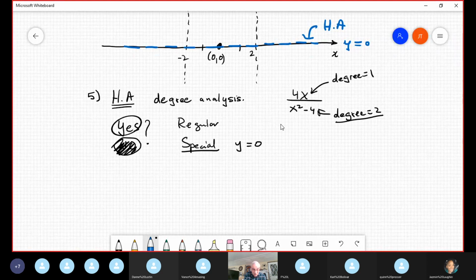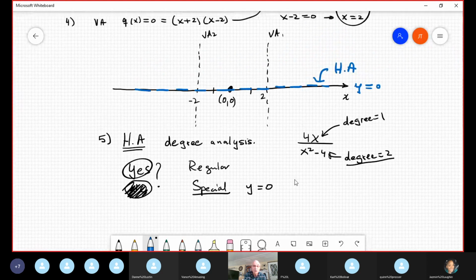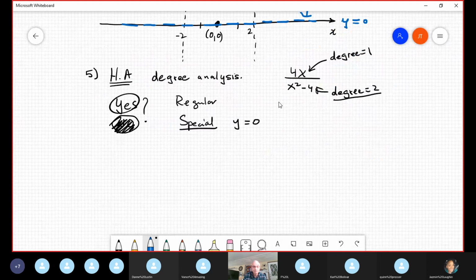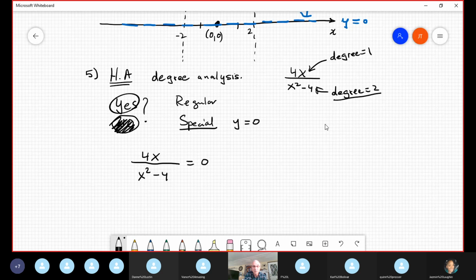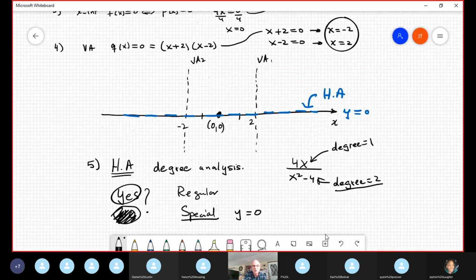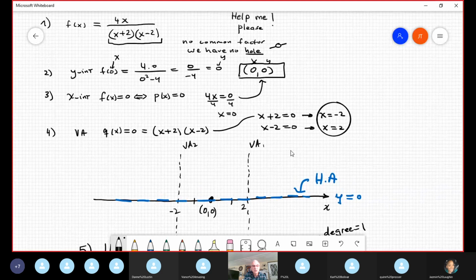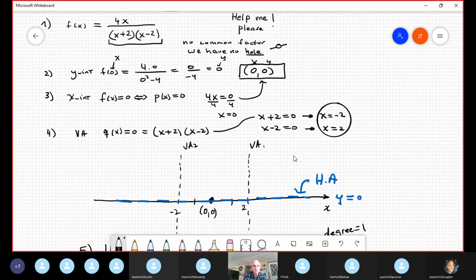However, let me try to prove. How do you prove? Well, you take the original equation, which is this, and you force it to be equal to the value of the horizontal, which is 0. This equation I solved before, when we were doing the x-intercept.